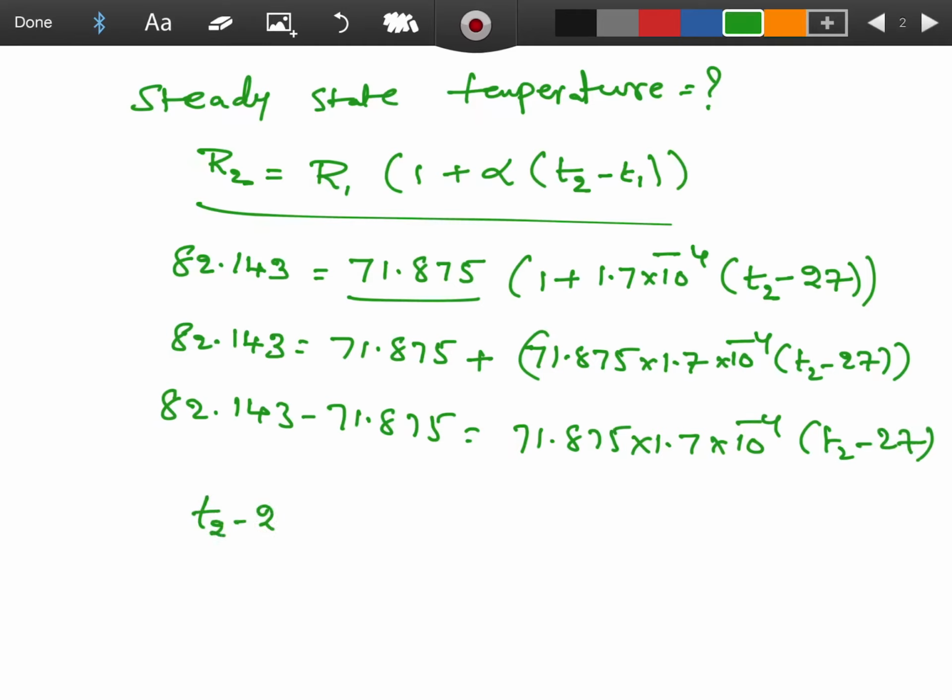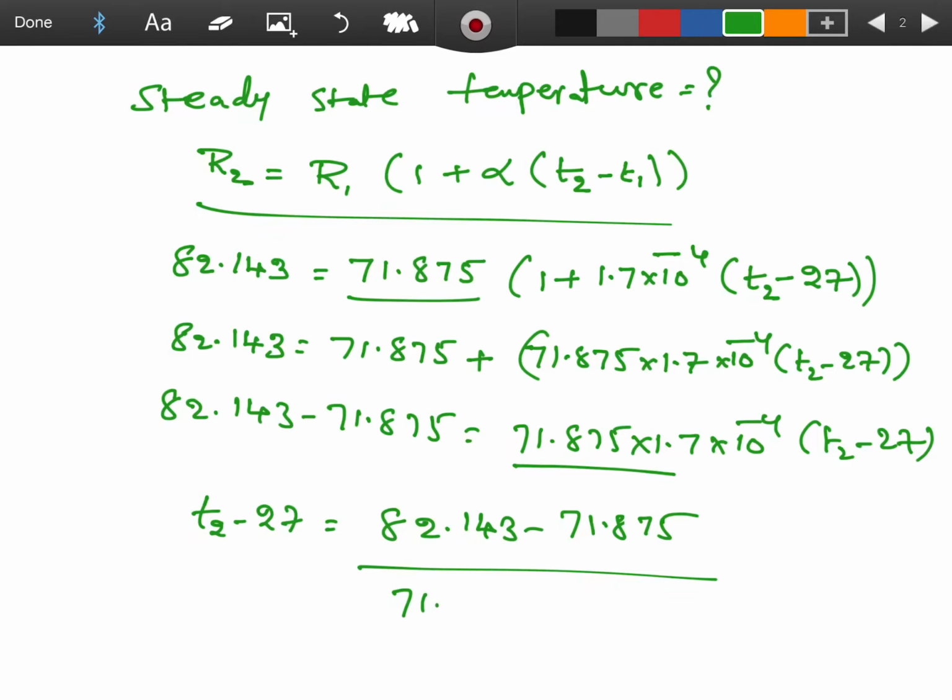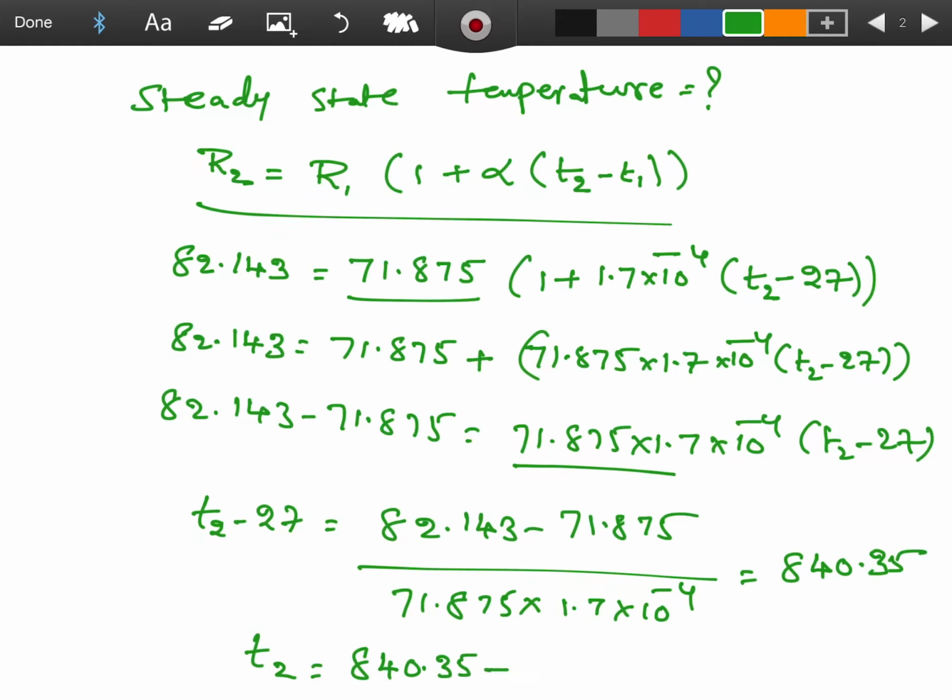So T2 minus 27 equals 82.143 minus 71.875, and the multiplying factor on the other side becomes divide. Simplify this, use the logarithm, students, and you will get 840.35. Then T2 equals 840.35 plus 27, equal to 867.35 degrees Celsius. This is the temperature.